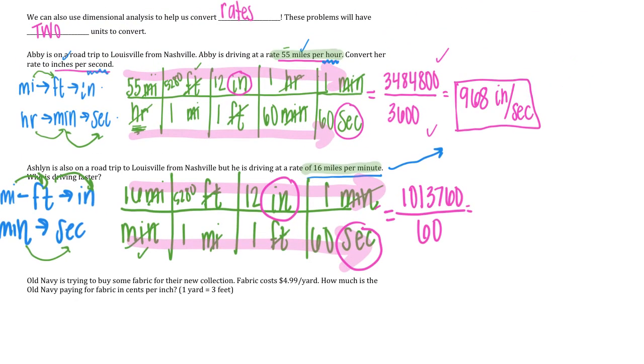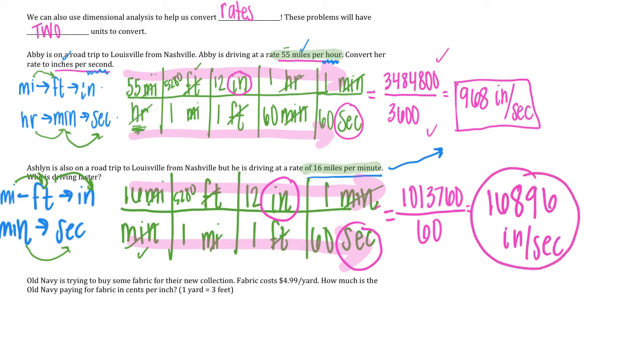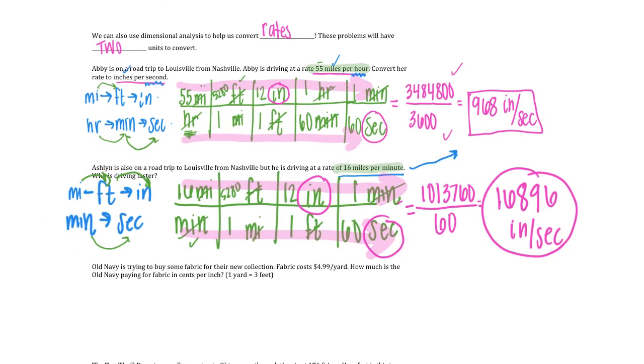Should get your final answer is 16,896 inches per second. So you can say that Ashlyn is driving way too fast and is driving faster.